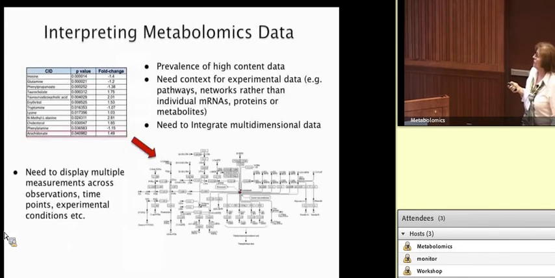Okay. And so the reasoning for doing this pathway mapping is represented here. As I said before, you want to go from a list of metabolites to a map. Here you have your significant metabolites, and you want to be able to map them into here.